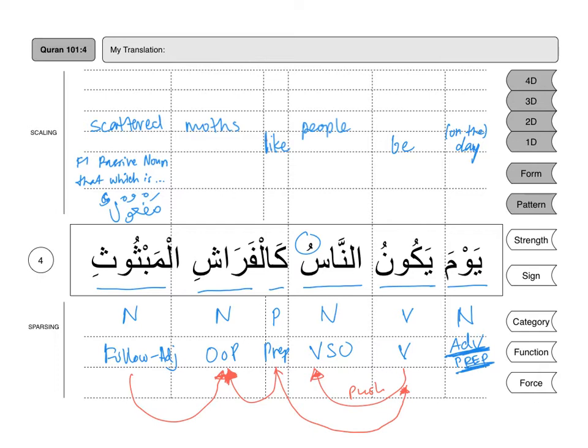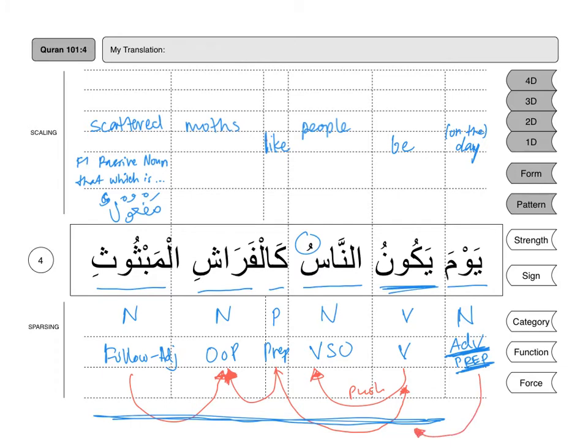Whatever comes after it is dragged. But then usually whatever comes after it should be a noun, right? But in this case it is a verb. So what we do is we take all the verb and the sentence that begins with the verb, all of it is dragged by yawm.